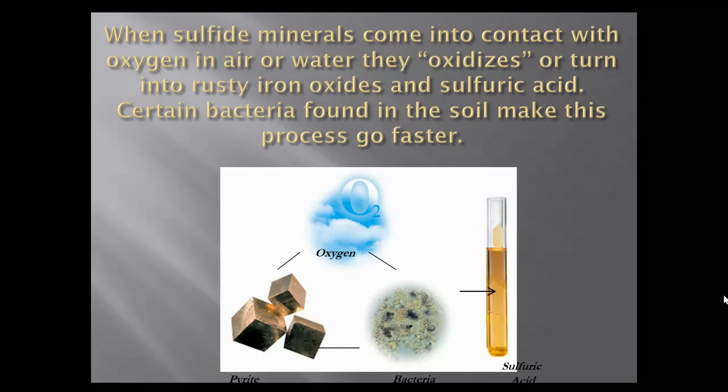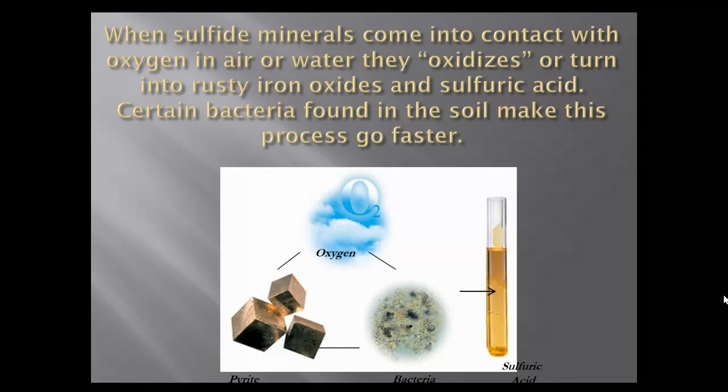When those sulfide minerals are buried underground, they're not coming into contact with much oxygen. But as soon as they're brought up as spoils, as tailings, as gangue, all of a sudden they're exposed to the air and also water. And that's when they get oxidized and they turn into this rusty iron oxide along with sulfuric acid.